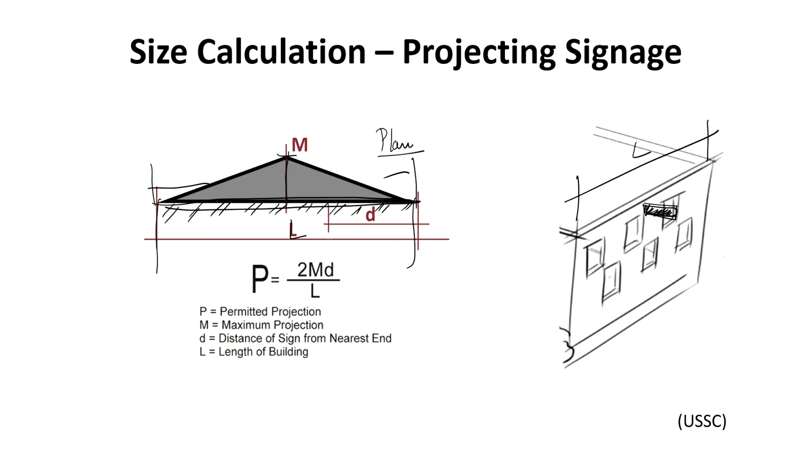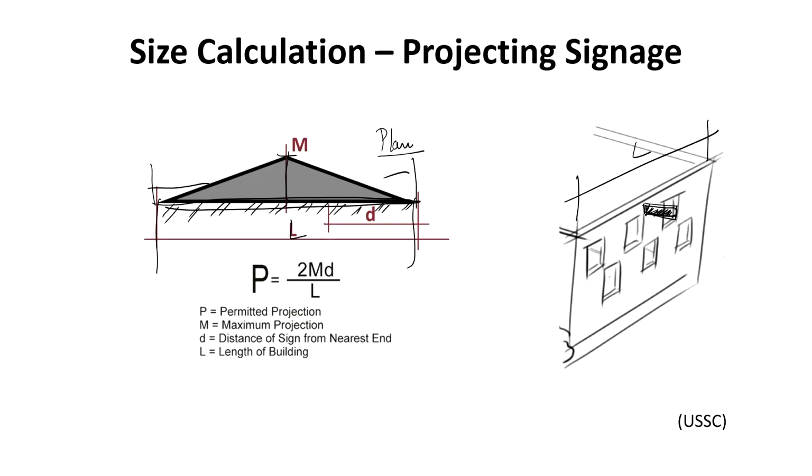Sometimes you get it from two things: one is maximum projection based on material constraints, and sometimes projections are based on the setback laws. So you cannot go beyond 1 meter usually.